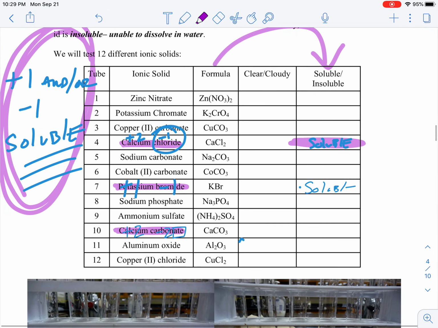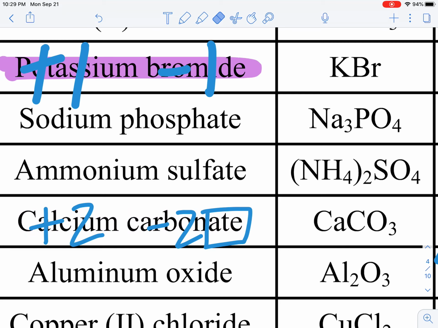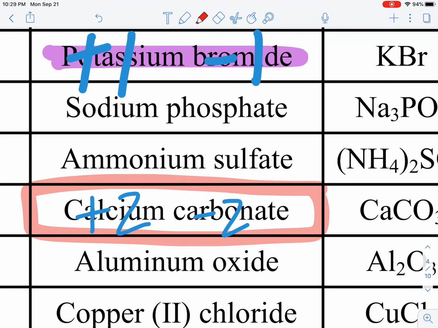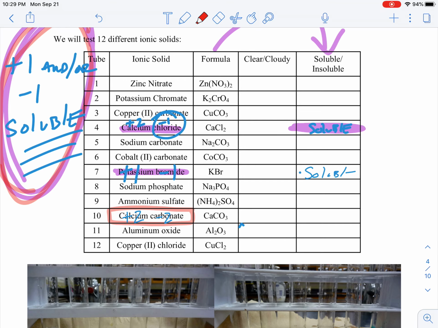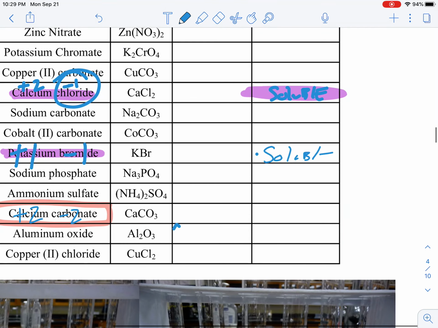Well, my rule is pretty simple. If it has a plus or -1, it will be soluble. This one does not have a 1. So if it doesn't have a 1, it's a strong enough charge. This will be insoluble. Sorry, guys.